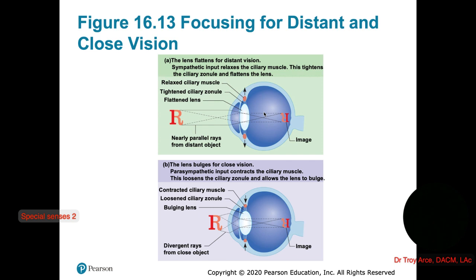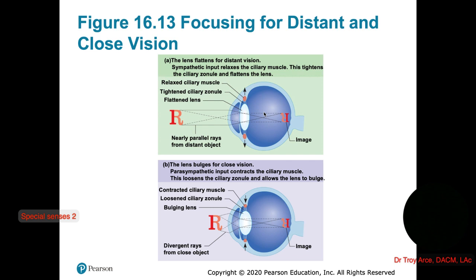And then you have the tightened ciliary zone that actually contract and make it thinner. You have your flattened lens, and as you can see, the letter R, how it's inverted, going through and reverted on the back side. The image is actually reversed.